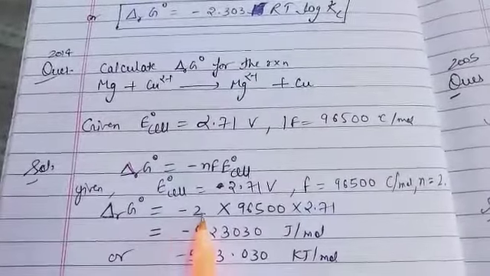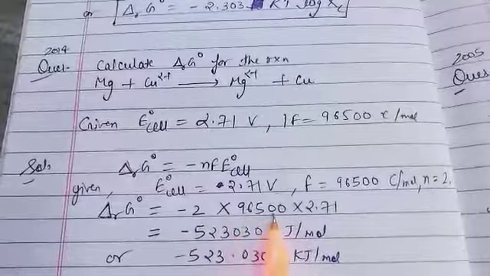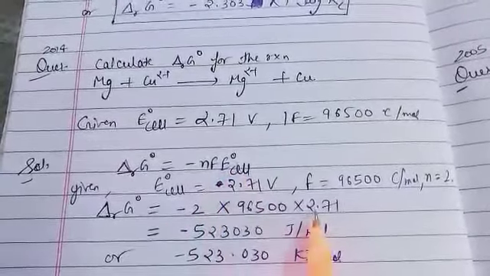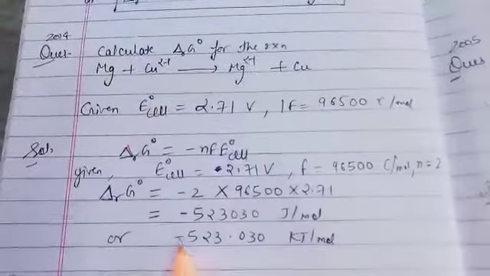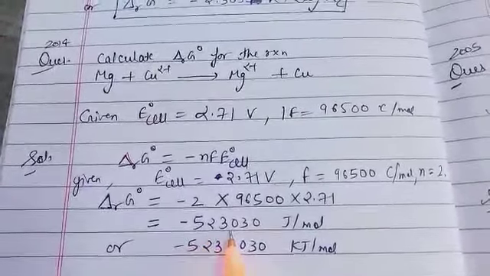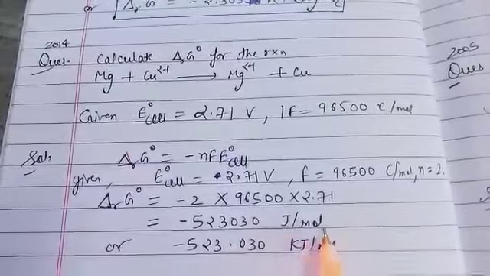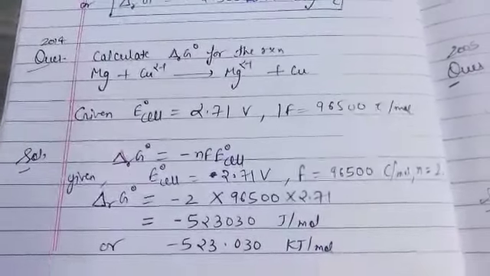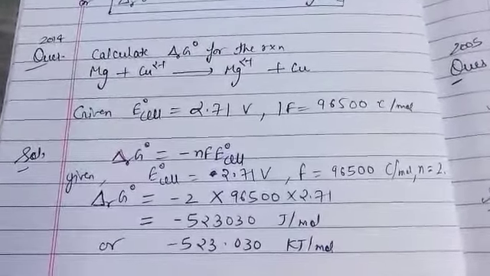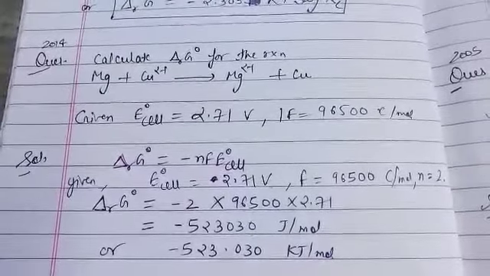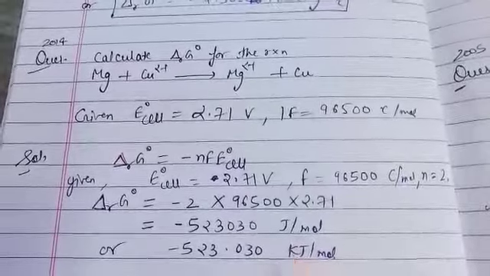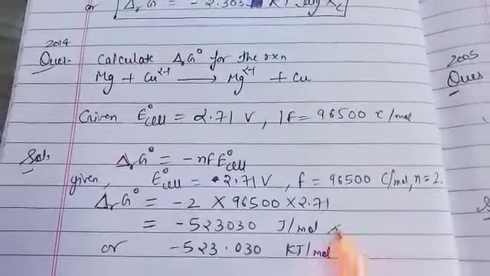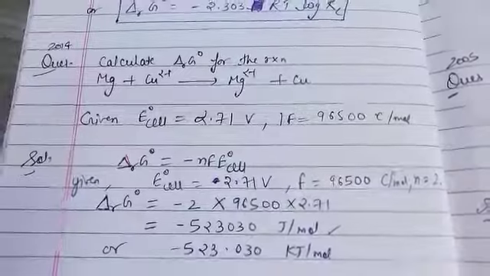This one is minus 2, 96500 instead of F, and E naught cell is 2.71. After calculating this, your answer is minus 523030 joule per mole. If you want you can convert it into kilojoule per mole, but it's totally up to you because it's not a demand of your question. So simply, as asked, you can leave this answer up to this portion only, joule per mole.